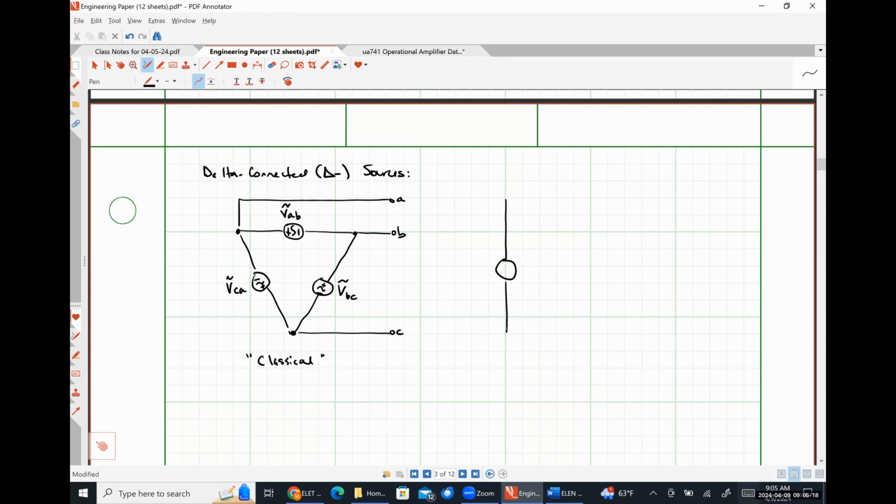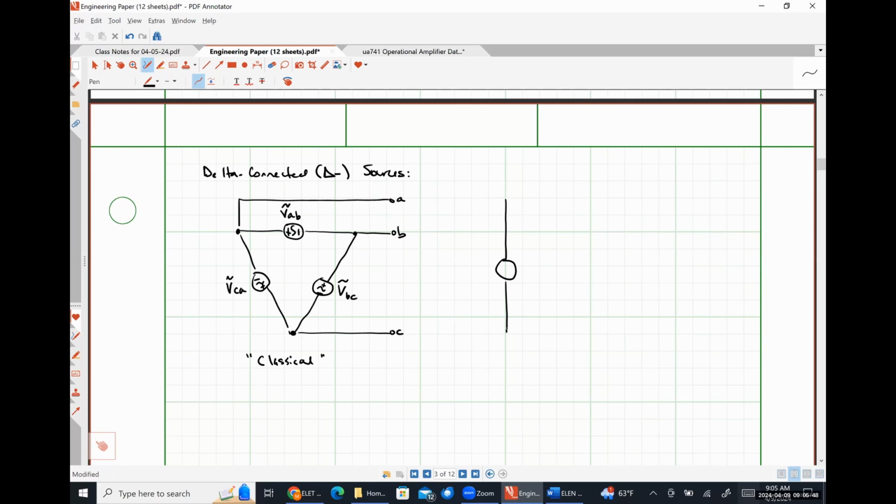From a fundamental definition of something being in series or something being in parallel, neither case satisfies that criterion of the voltage sources being connected in series or the voltage sources being connected in parallel.